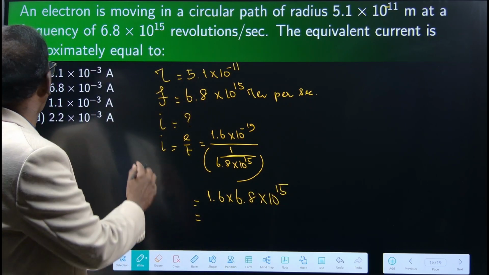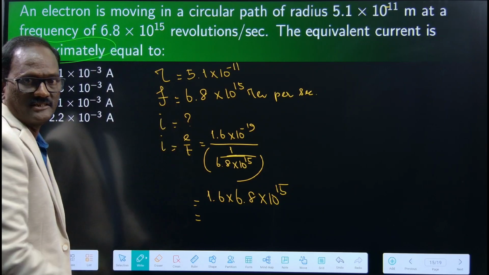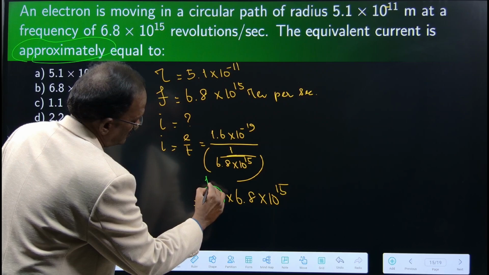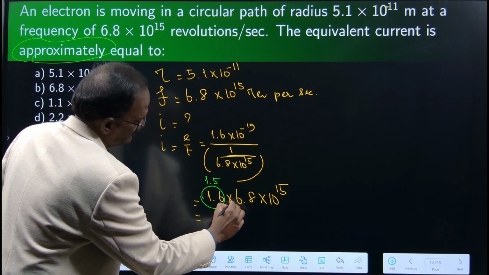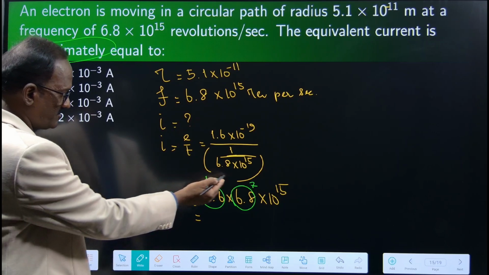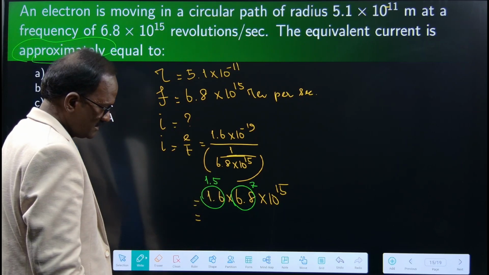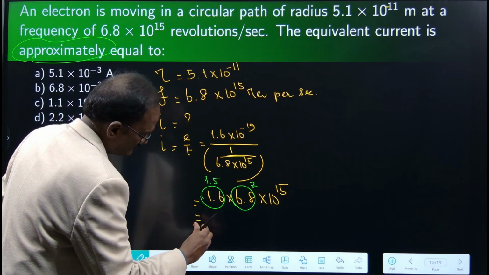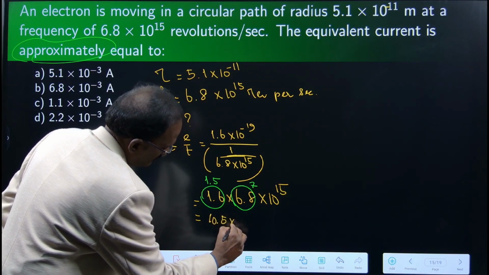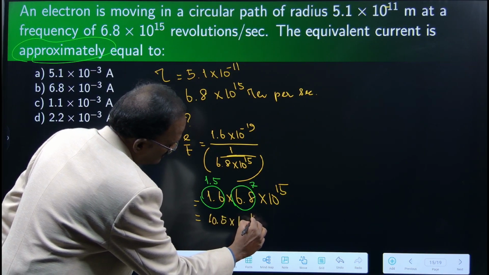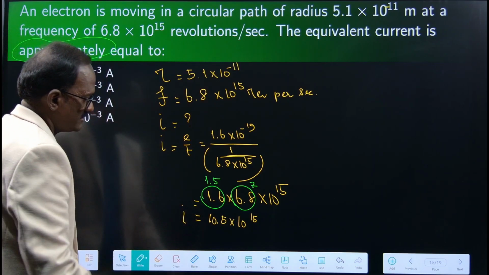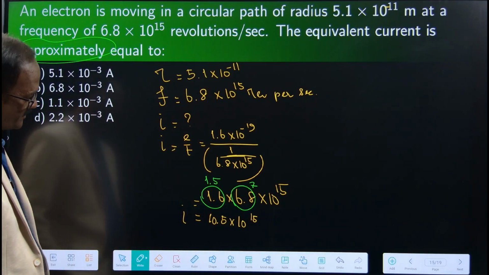Again we can make the approximation. 1.6 you can make it as 1.5, 6.8 you can make it as 7. So this will be 7 into 1.5, 10.5, times 10^15. So I is equal to 10.5 × 10^15.